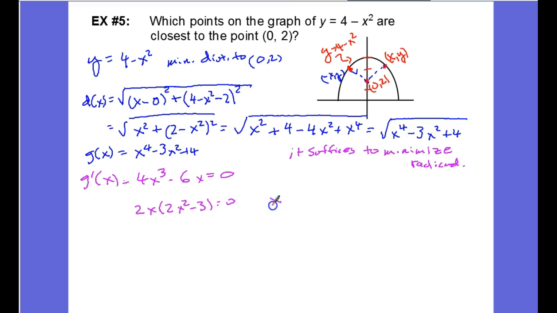We have critical values now of x equals 0 and x equals plus or minus the square root of 3/2. We have 3 different critical values, and I'm not sure which one is going to give me the minimum distance. What can we do? Well, let's make a sign chart.